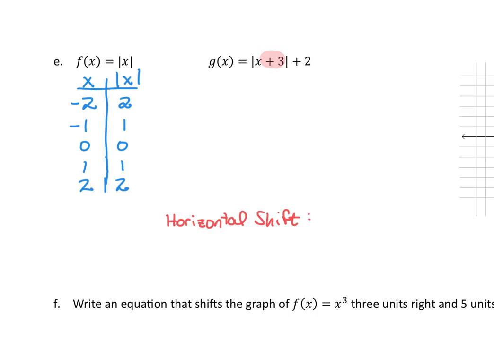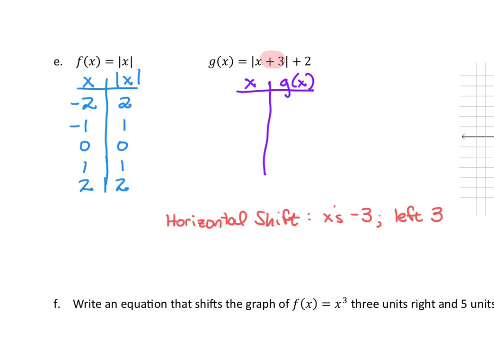We do the opposite of what it says. So we're going to do our x's -3, or visually, we are going left 3. And so when we look at our table, what we're going to do is we're just going to subtract 3 from all of our x's.